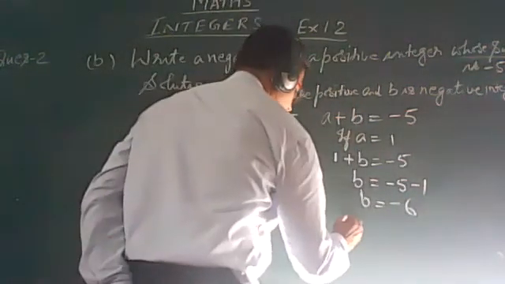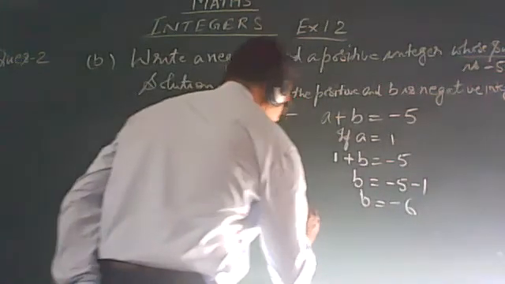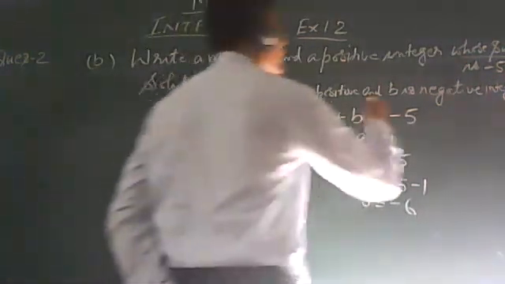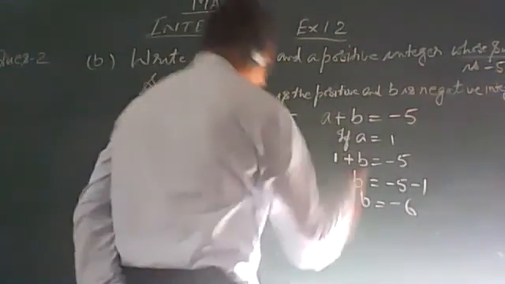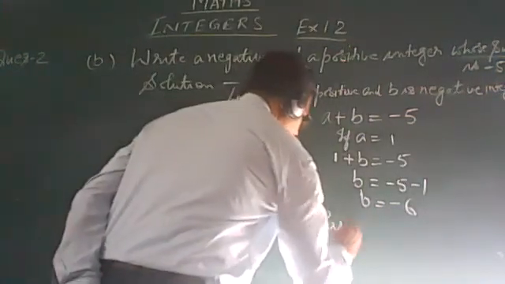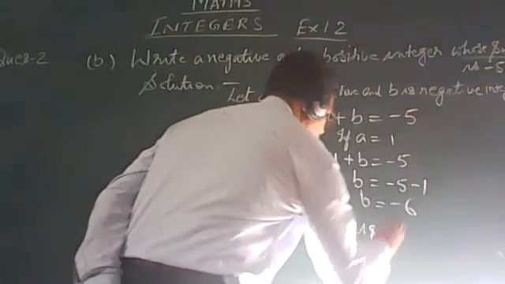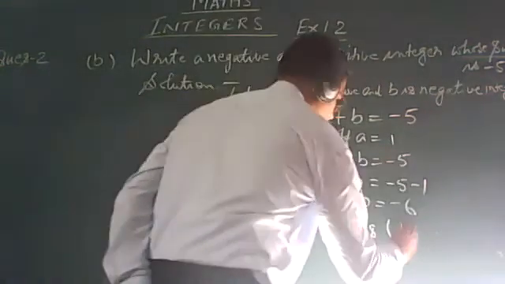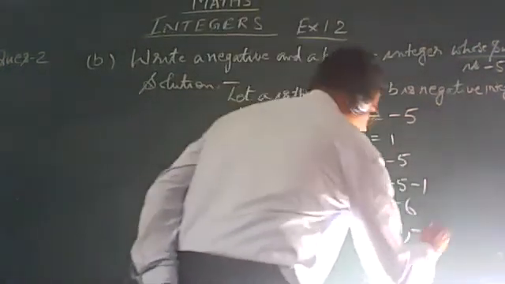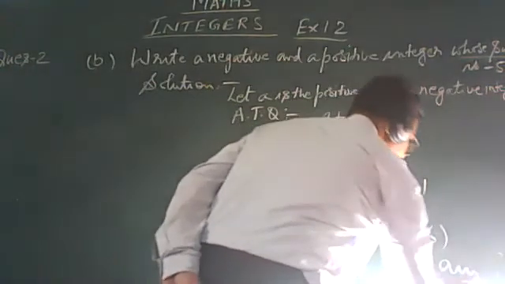Therefore, our pair is a is 1 and b is -6, and that is our answer.